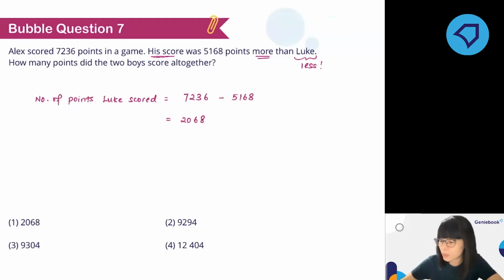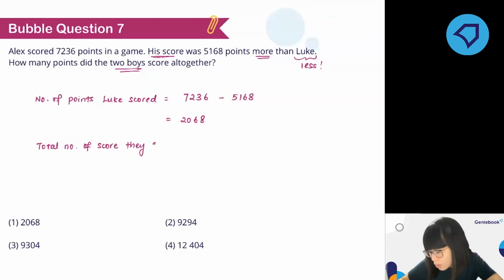This is Luke's score. The question is asking for the two boys' score altogether. So the total number of points they scored. Okay, so we're going to take Alex, which is 7,236, plus Luke.